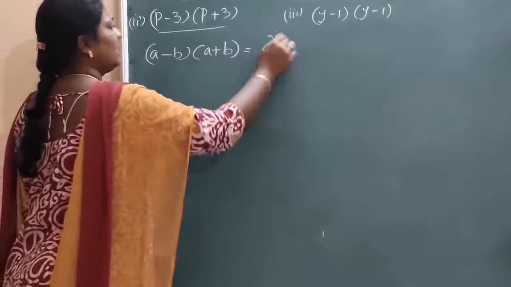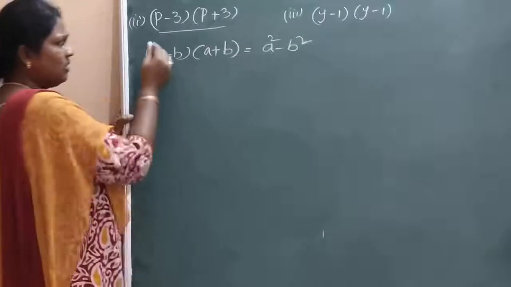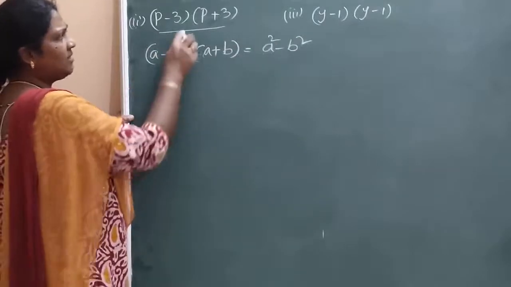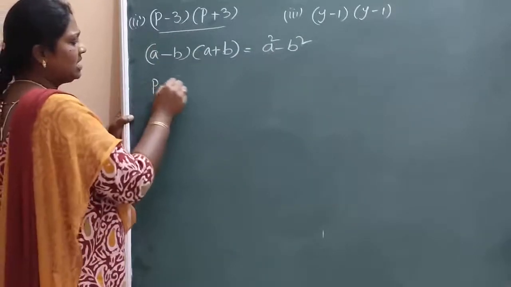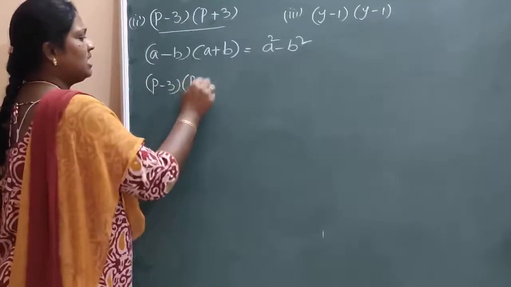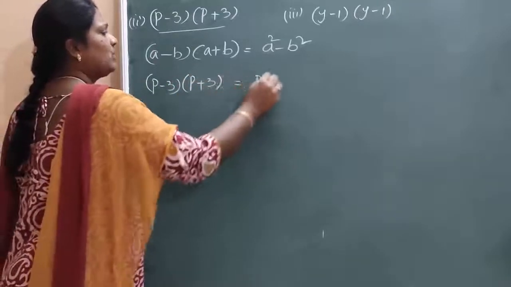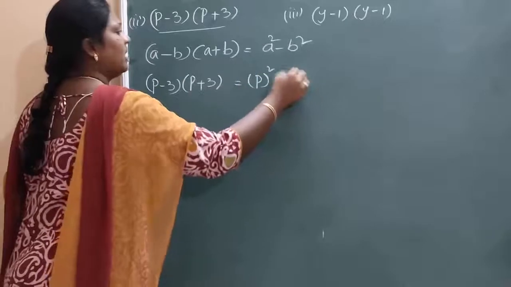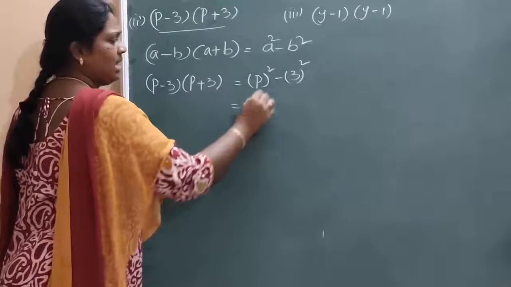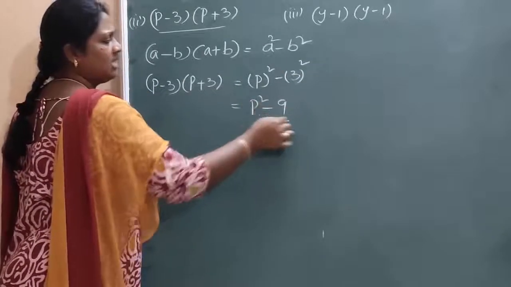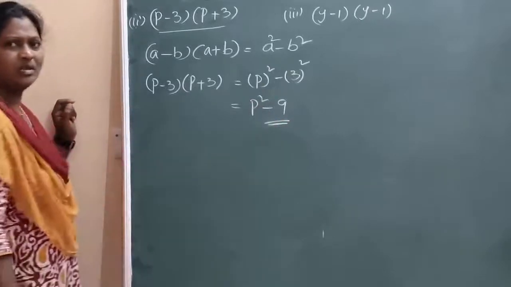That is A square minus B square. So we can use this identity for this problem. P minus 3 into P plus 3 is equal to P square minus 3 square, that is P square minus 9. So this is the solution for this problem.